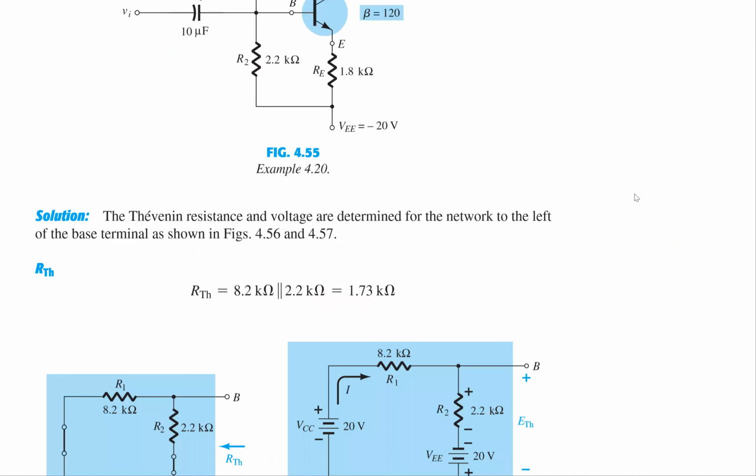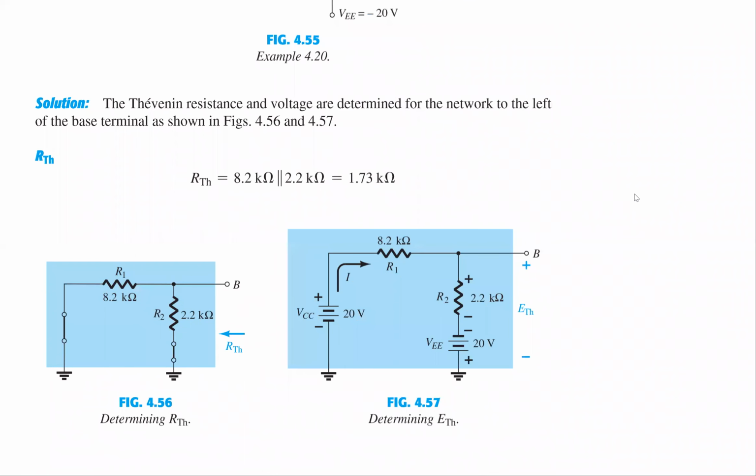The Thevenin equivalent resistance is found by shorting all of the voltage sources in that specific area, and we get RTH, which is the parallel combination of R1 and R2.